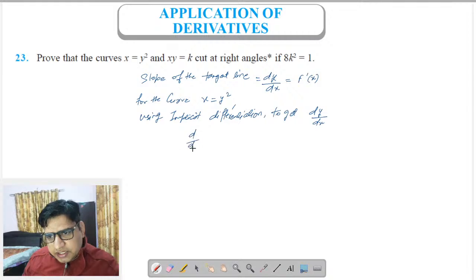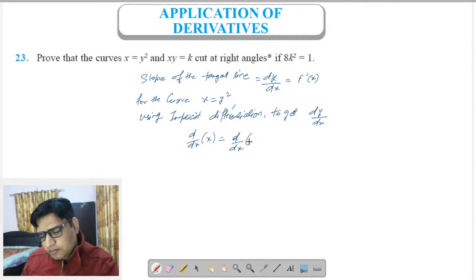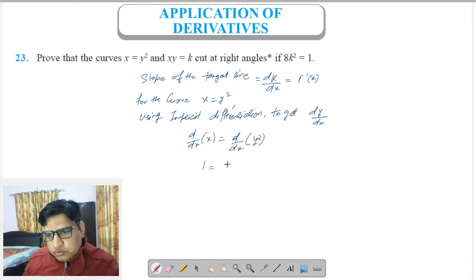So it will be d by dx of x is equal to d by dx of y square. Okay, and this is 1 is equal to 2y dy by dx, or you can say dy by dx is equal to 1 upon 2y. Okay, so dy by dx is equal to 1 upon 2y, and what we need to do in this is substitute the equation.